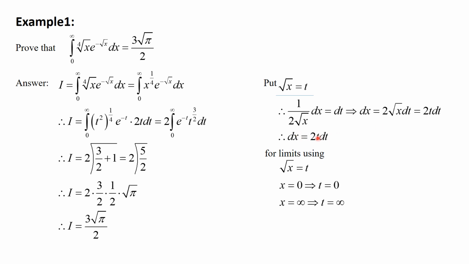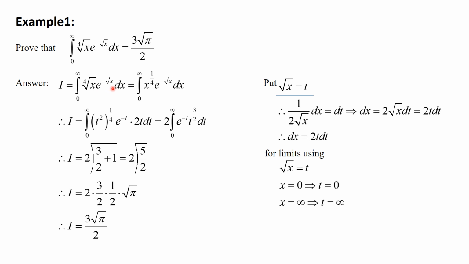Using the limits, root x is equal to t: when x equal to 0, t equal to 0, and when x equal to infinity, root infinity is infinity, and hence t is equal to infinity. So our limit for the function remains the same, 0 to infinity.